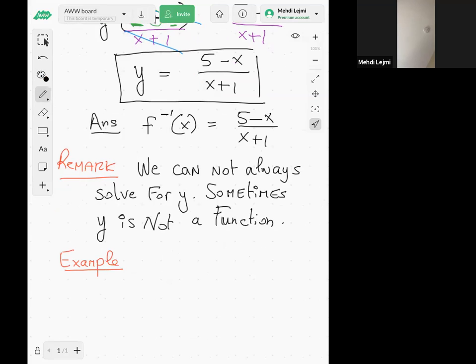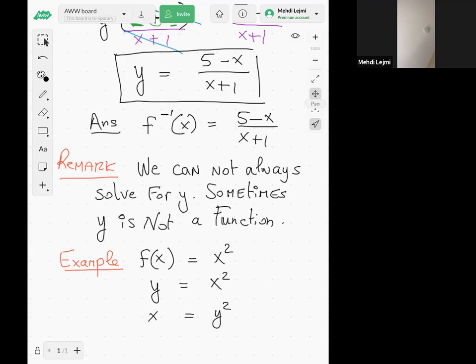If you take f of x equals x squared and you want to find the inverse, let's say y equals x squared. That's the first step. You have to change x and y. So y becomes x, and x becomes y. So that's x equals y squared.